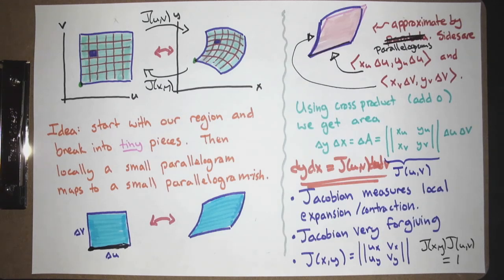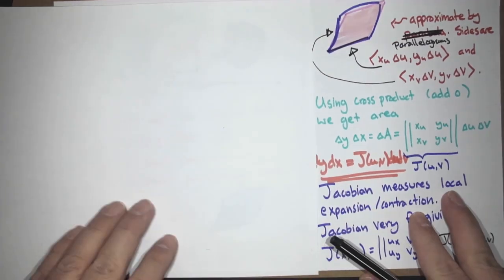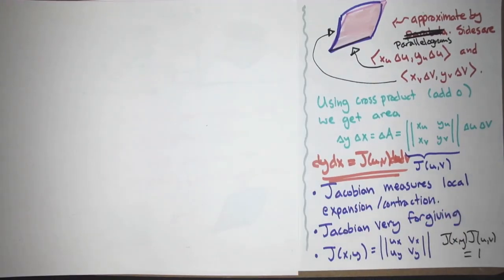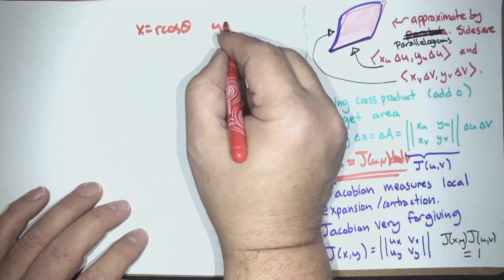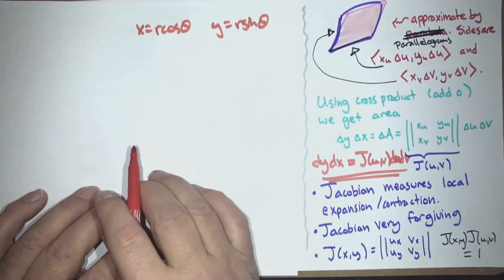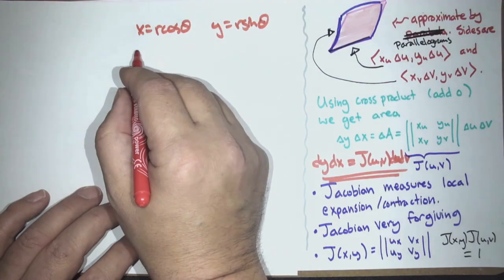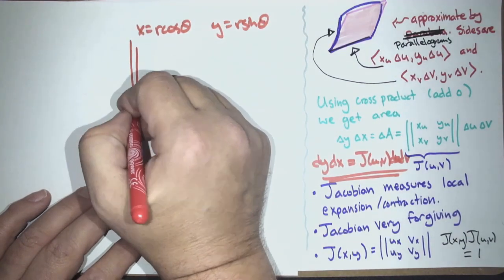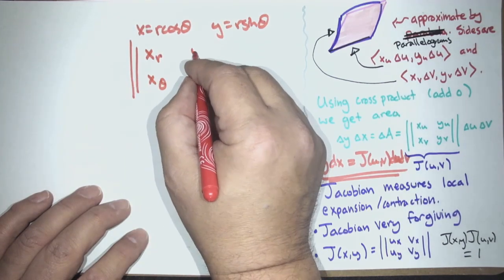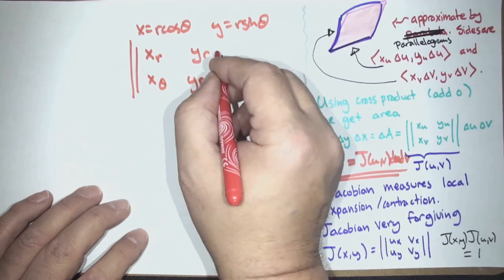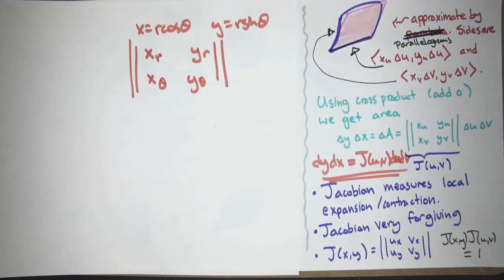Now, as a sanity check, let's try this on something we're confident we already know is true. Let's go to polar. In polar, we have x equals r cosine theta, y equals r sine theta. So we're going to find these partial derivatives. I'm going to take the absolute value of x derivative with respect to r, x derivative with respect to theta, y derivative with respect to r, y derivative with respect to theta, and take that determinant.